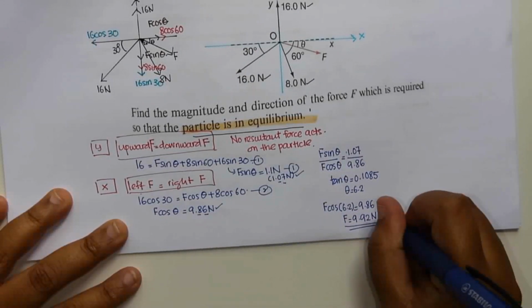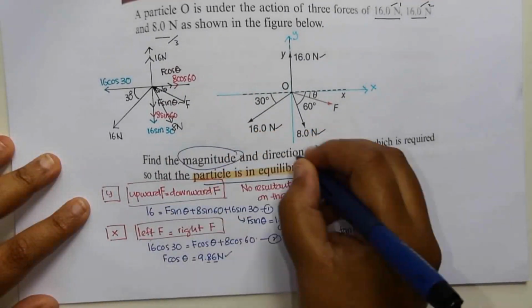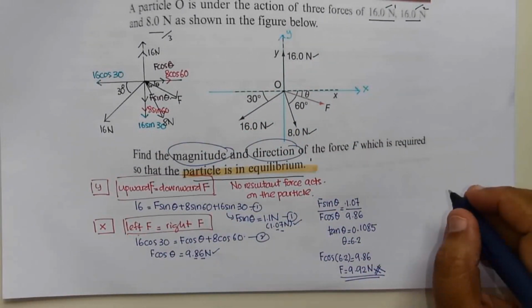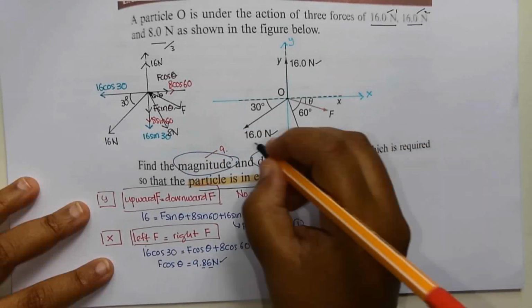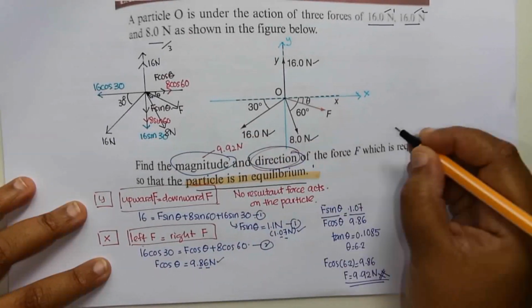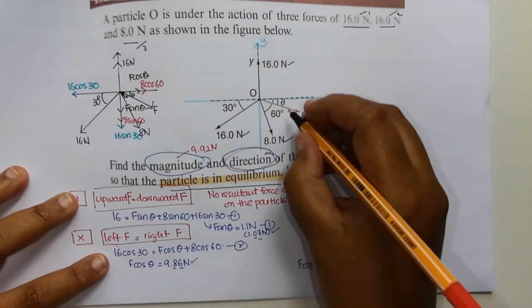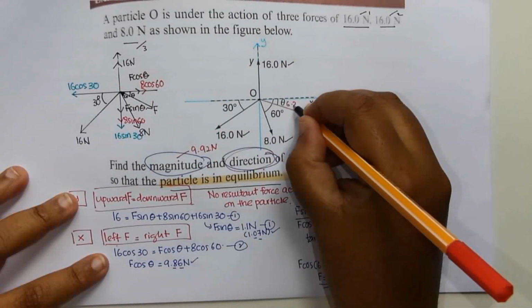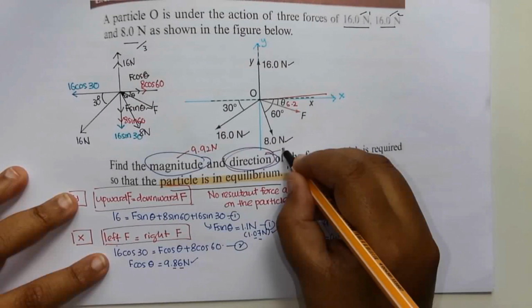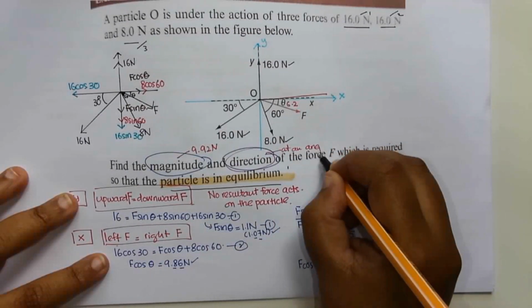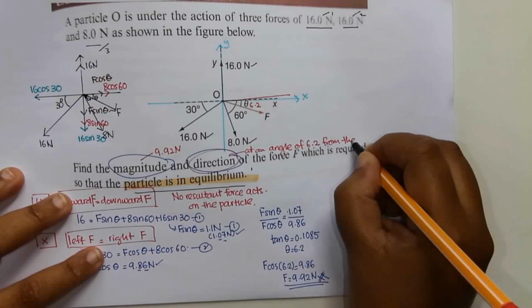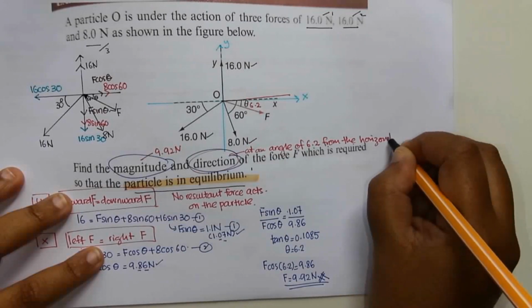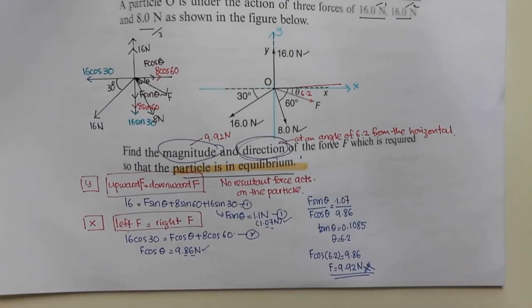The question says, find the magnitude and the direction of the force F which is required so that the particle is in equilibrium. The magnitude is 9.92 Newton at an angle of 6.2 from the horizontal. So that is all. You see the concept, the red color is the concept. Alright, thank you class.